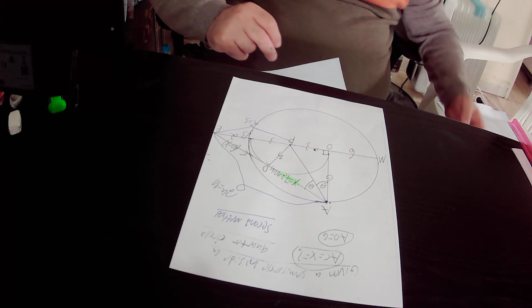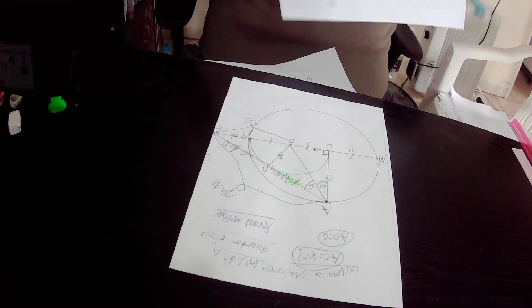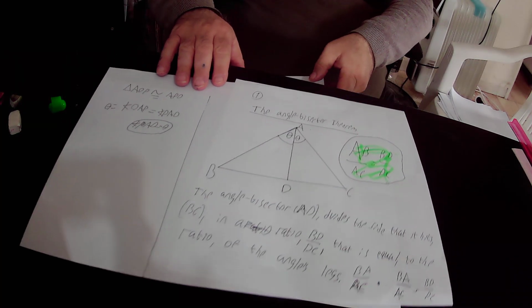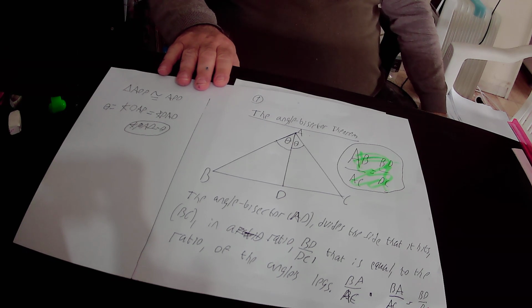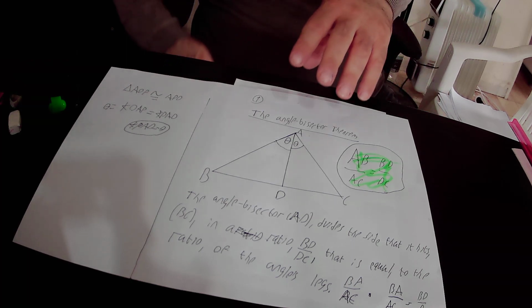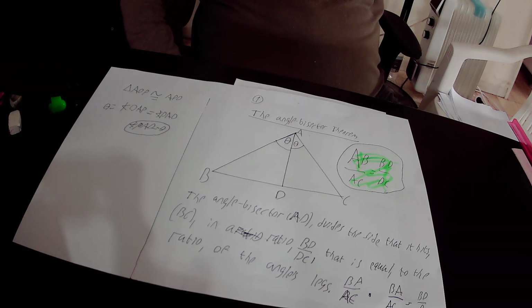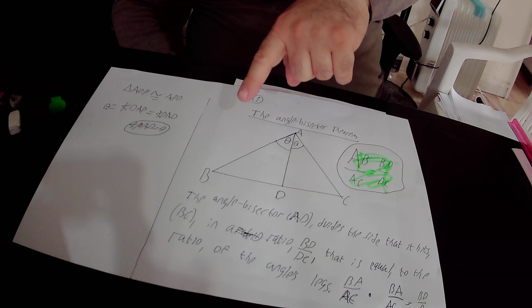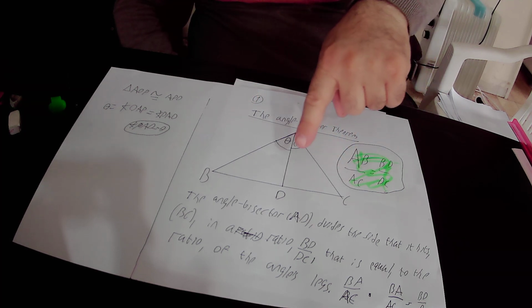But what is the angle bisector theorem? In this case we have triangle ABC that could be any triangle, and AD is an angle bisector, because it divides angle BAC into two halves.